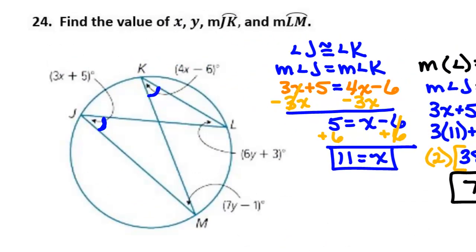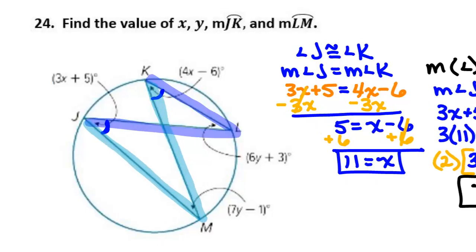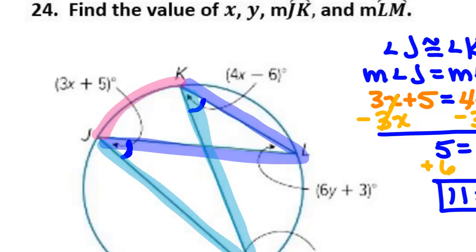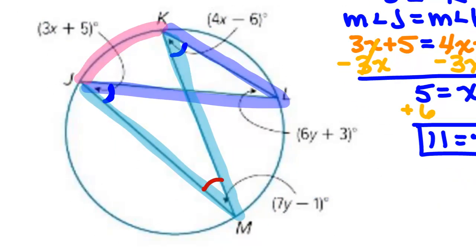All right, we need y. Here's angle L. And here's angle M. Those are both intercepting what arc? JK. So what does that mean about those two angles? They are congruent.